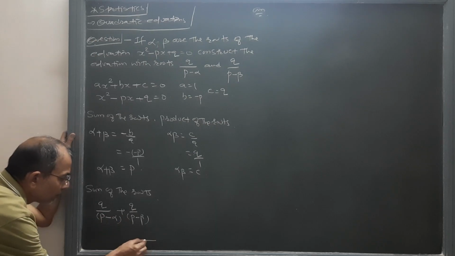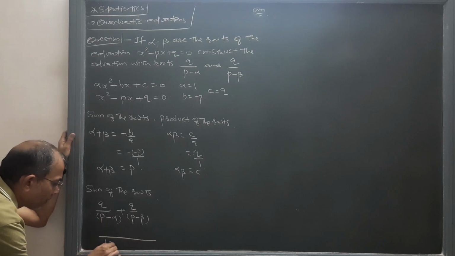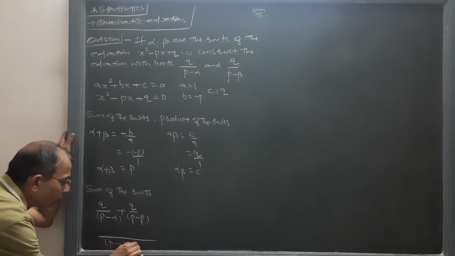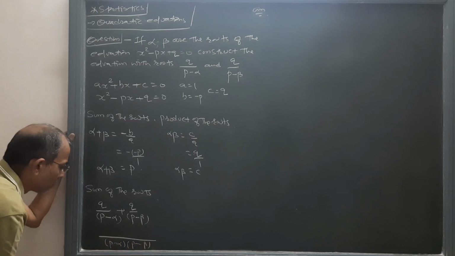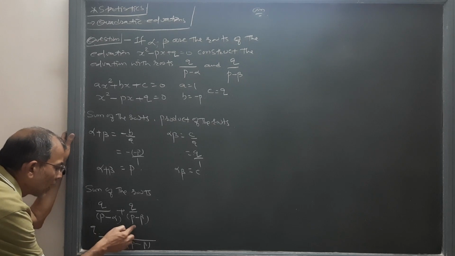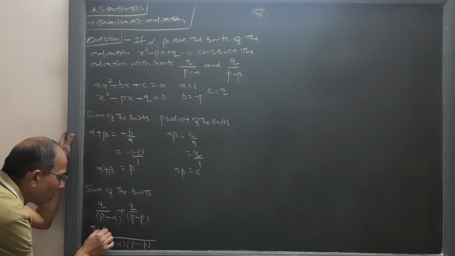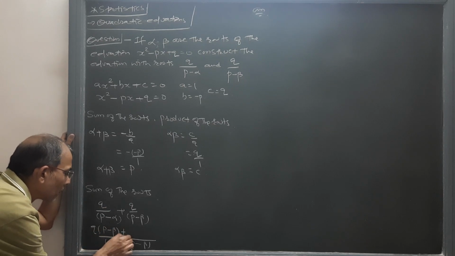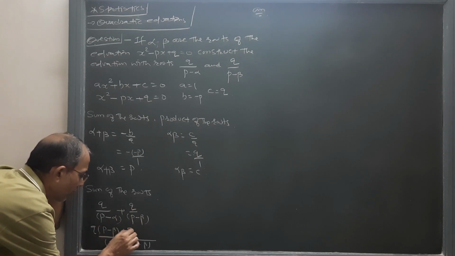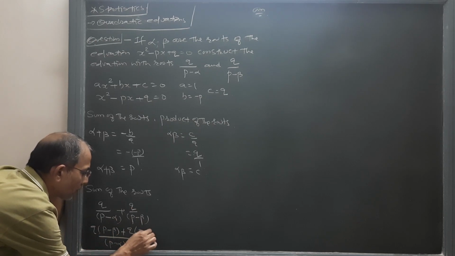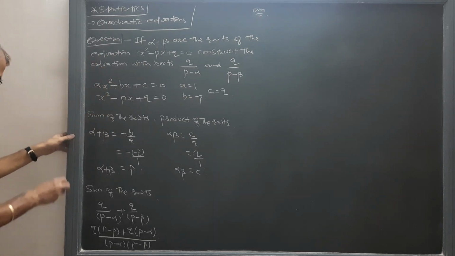Taking LCM of both these brackets, p minus alpha into p minus beta, this bracket will multiply with this q, and this bracket will multiply with this q.